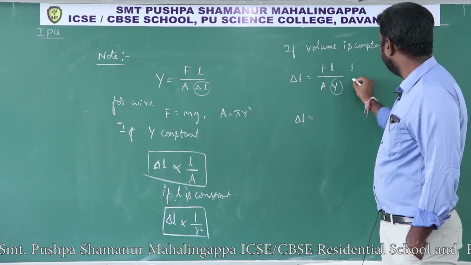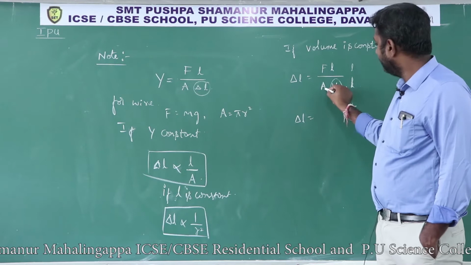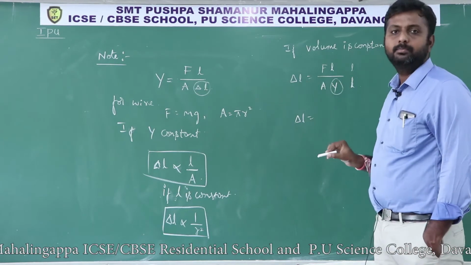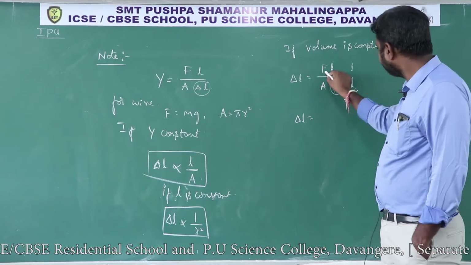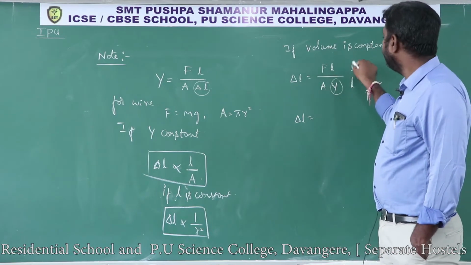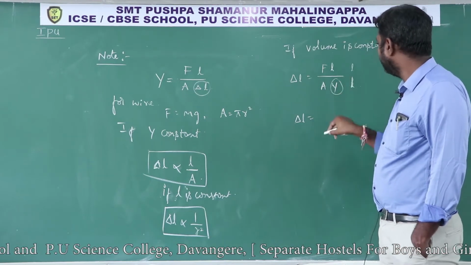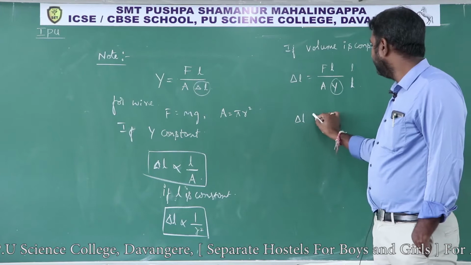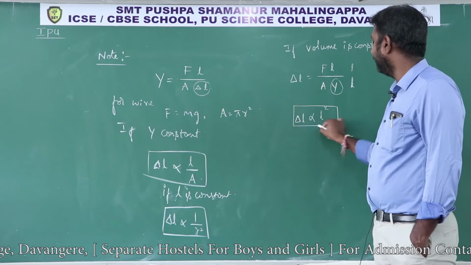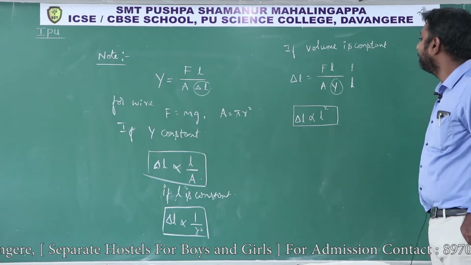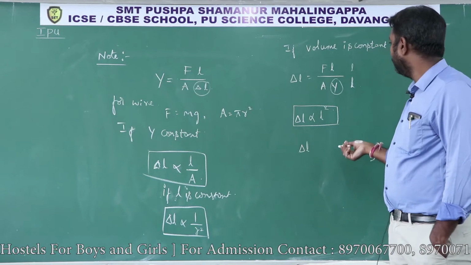For that I will multiply and divide by L. By doing this, I can consider area into length as volume, meter square and meter, and here L into L, L square. If volume A into L is constant and Y is constant, then the change in length delta L is directly proportional to L square, right.